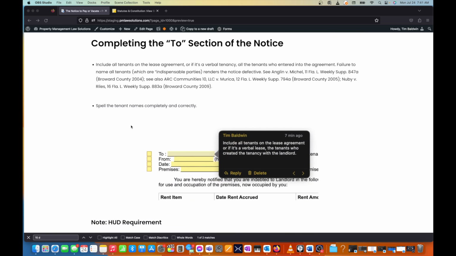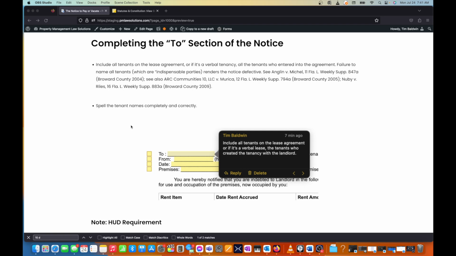In the form itself, we have to complete the to section, that is who it's going to. By law, we have to include all of the tenants' names in this section who are on the lease agreement. So look at the lease agreement and get all the tenants' names from it and put that into the to section.